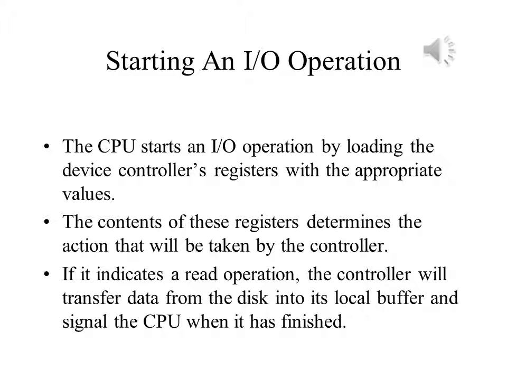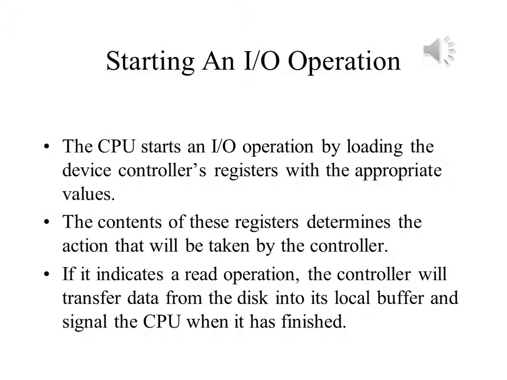If the operation requires moving a disk drive's read-write arm into the proper position first, this may involve more than one step. And after each of these steps, the operating system will have to take over control again, determine what must be done next, and then load new values into the controller's registers.